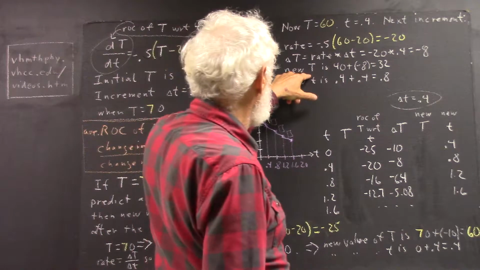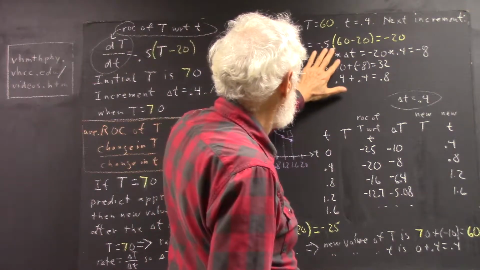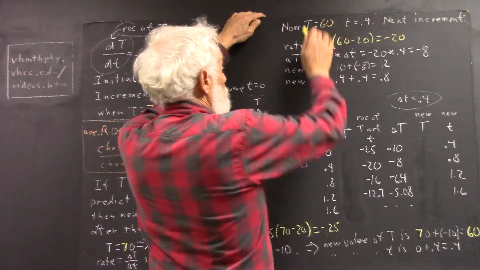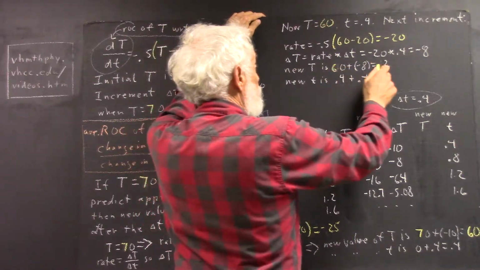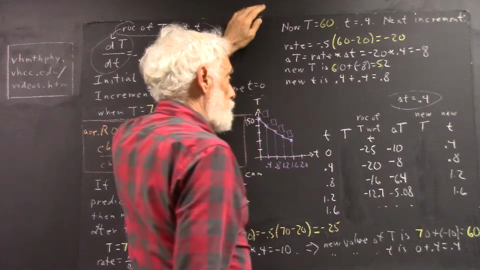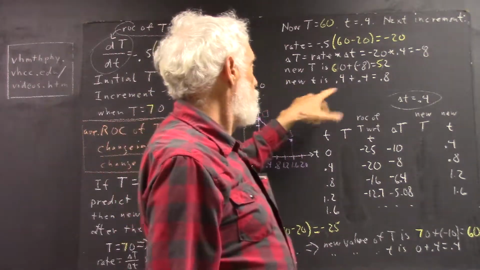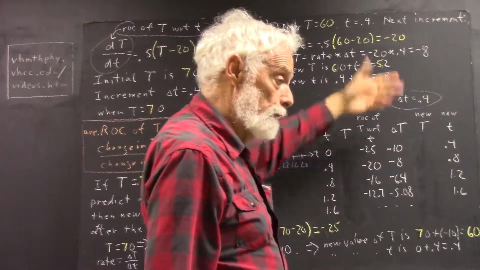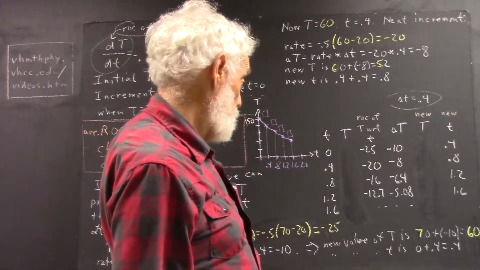Our new temperature is then the temperature we started with, which is 60. We add negative 8 and we get 52. So our new time is 0.4 plus 0.4 equals 0.8.